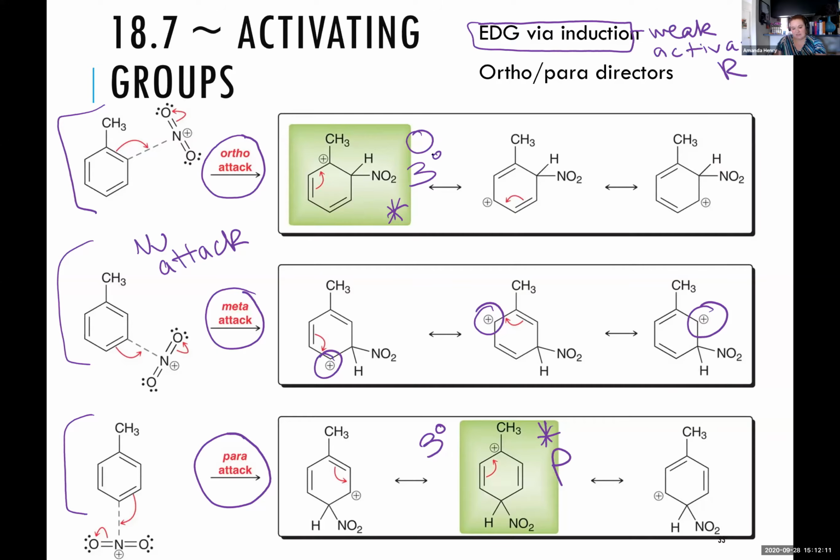So what this tells us is that when we add a substituent, ortho or para, it's going to make our resonance contributor more stable because it's going to be tertiary instead of secondary. So those two resonance contributors are the most stable out of all of the options on there. So our weak activators are ortho-para directors because they help stabilize the carbocation when our substituent is added to those specific locations.